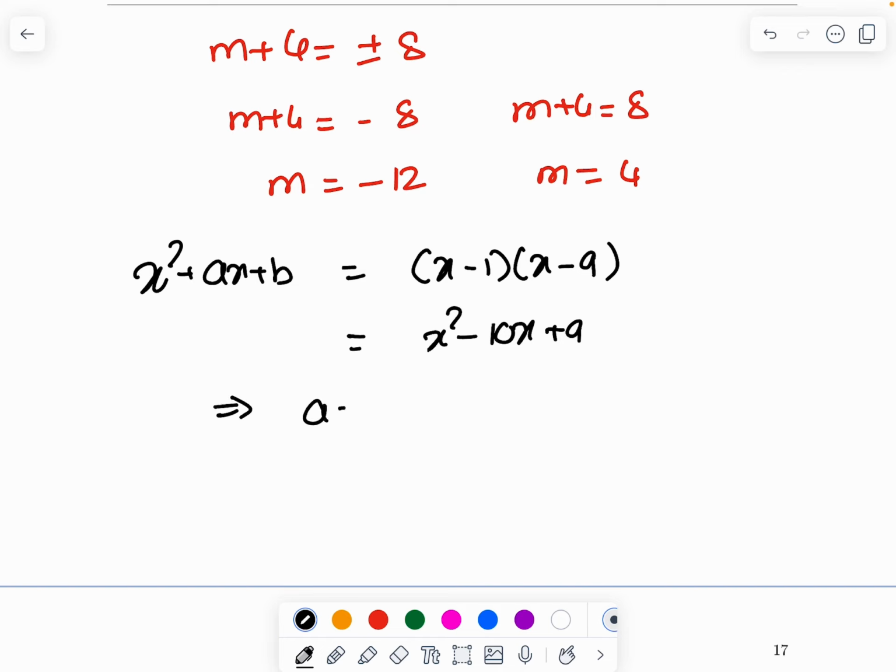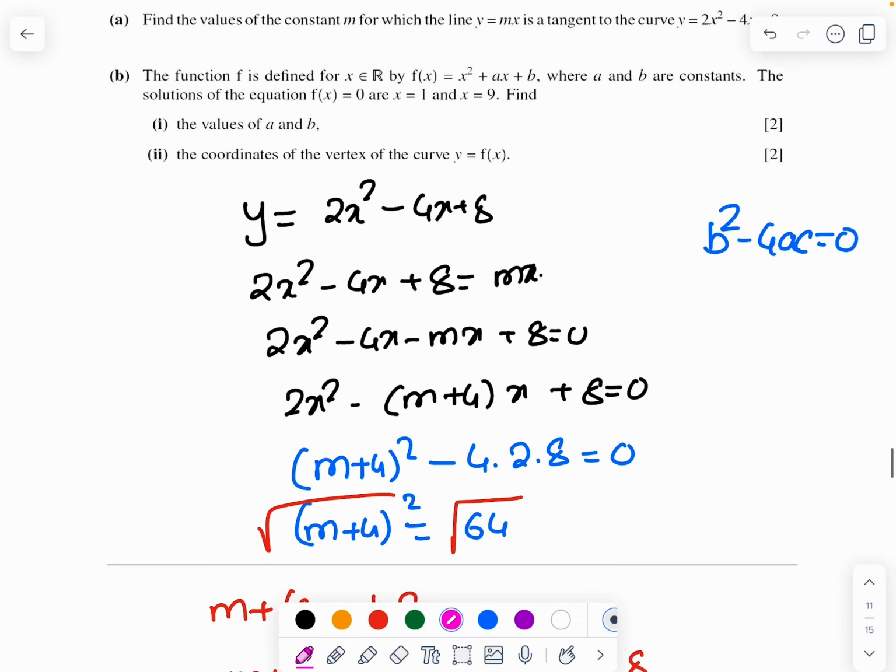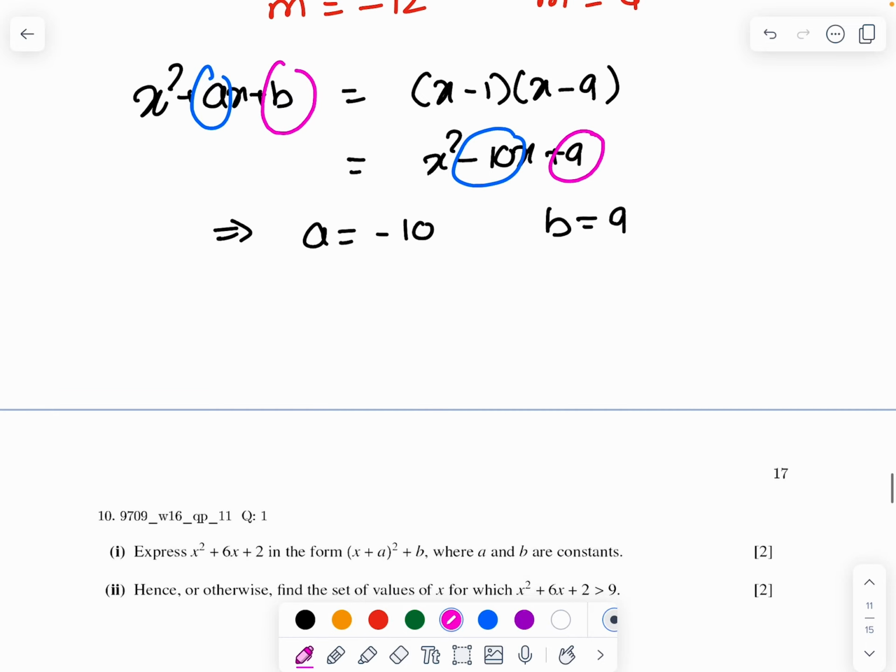By equating, I can see that a is negative 10 and b is 9. What is a? Coefficient of x, which is negative 10. And what is b? The constant, which is 9. Next, what is he asking? The coordinates of the vertex. So we have to convert this into the standard completing square form. So x square minus 10x plus 9.